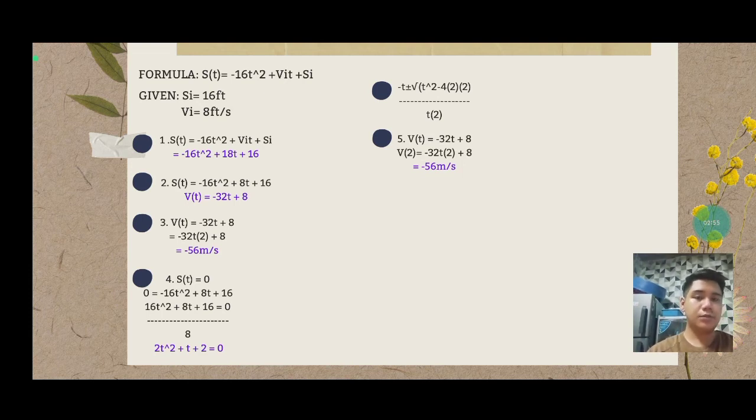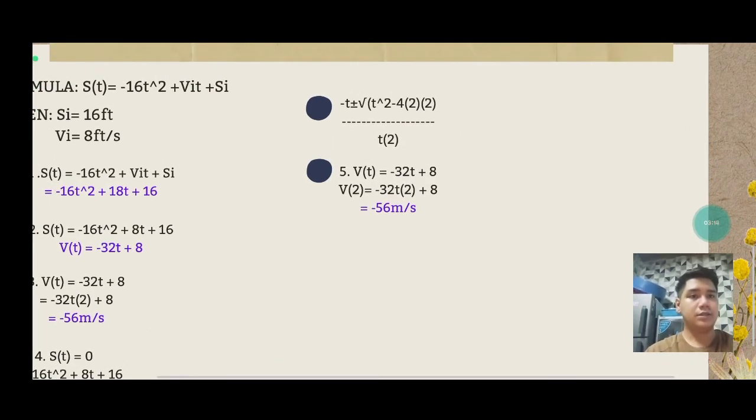Then, simplify muna since divisible sila by 8. So, I decide to divide sila sa 8. So, yung answer is negative 2t squared plus t plus 2 equals 0. So, quadratic formula, substitute lang natin.